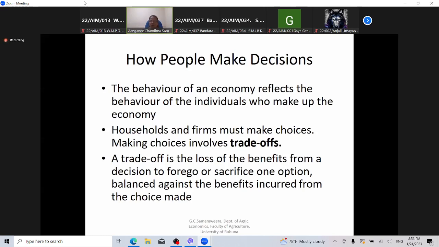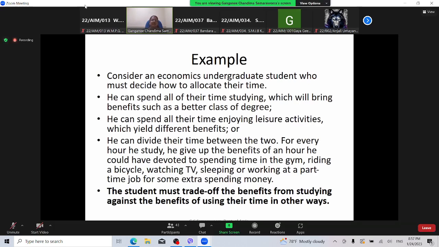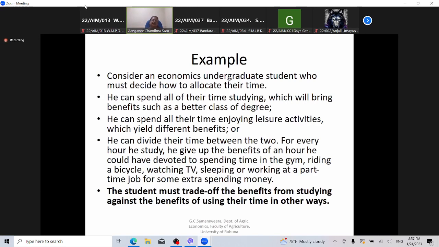Okay, so in that case, we will take one example. Though it carries many words, I'll explain it clearly. Let's say an economics undergraduate student decides how to allocate his time, one student. He can spend all the time studying, one option.